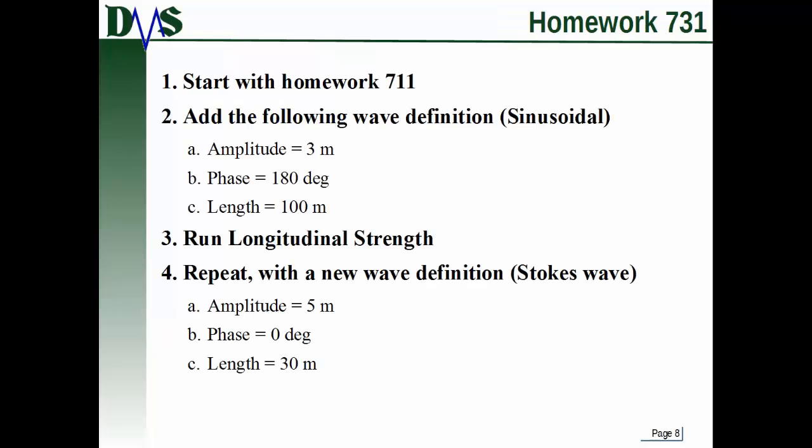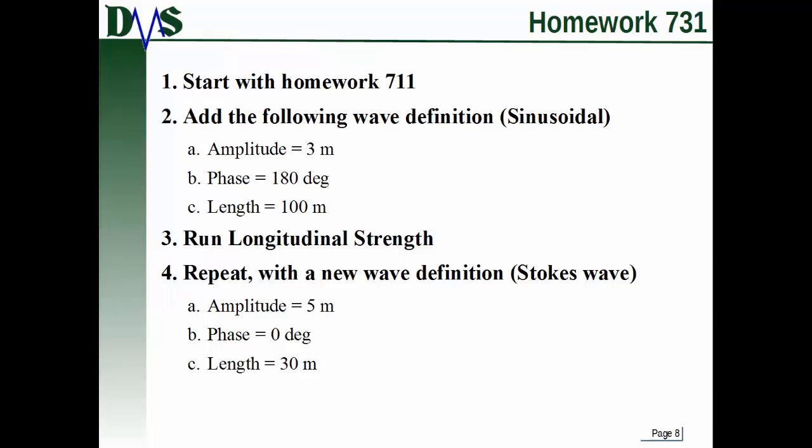Right, best way to learn this is to practice it. So homework number 731, I'd like you to start with the information that we have in homework 711, and that's a longitudinal strength analysis. And you're going to add the following wave definition. A sinusoidal wave with an amplitude of 3 meters, a phase of 180 degrees, and a length of 100 meters.